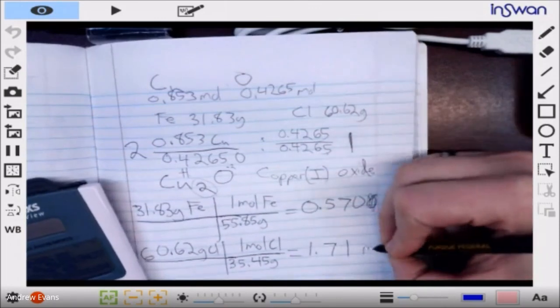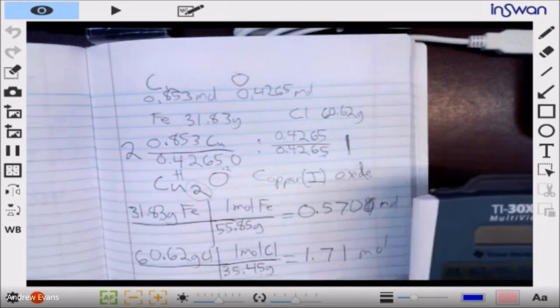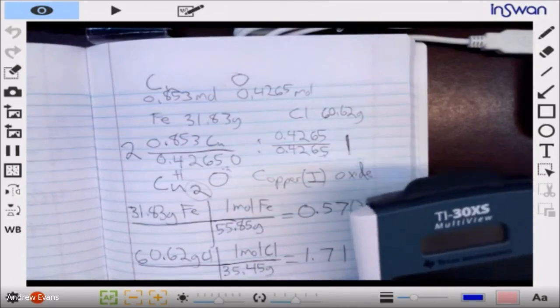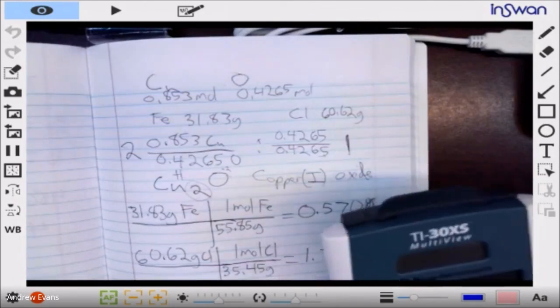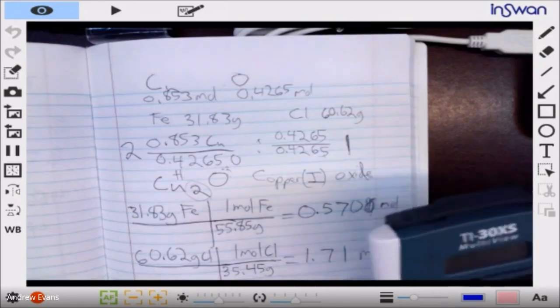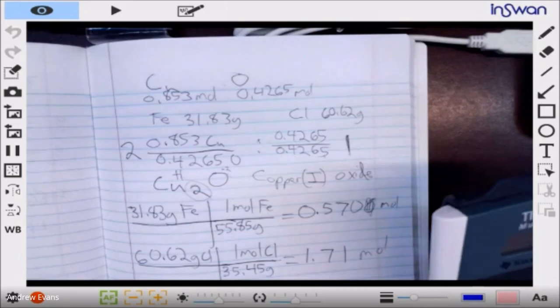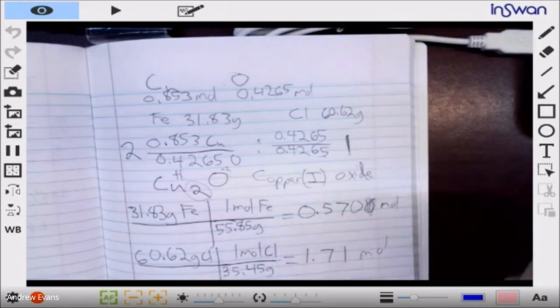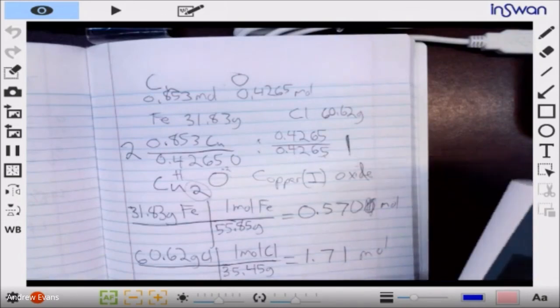If I just figured out based on their weight what ratio, we would have said, oh, this is clearly close to 2 to 1. However, iron weighs much more than chlorine.